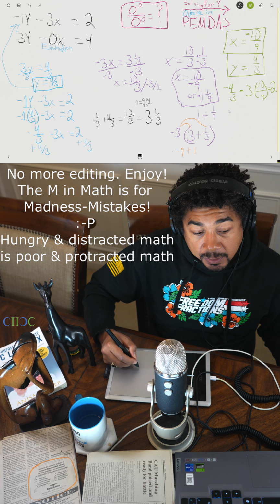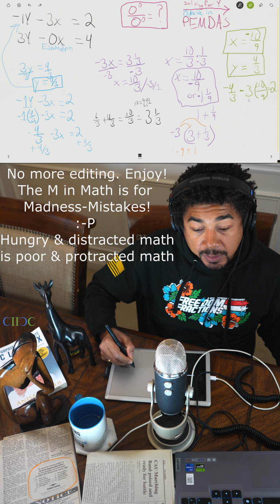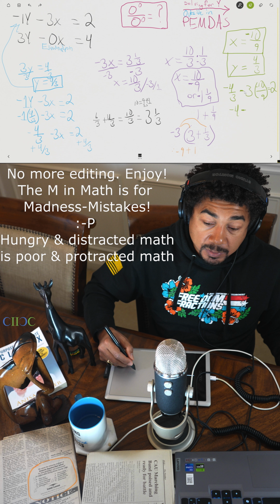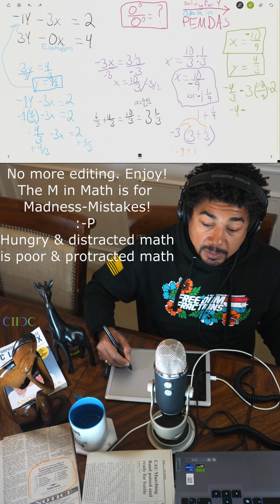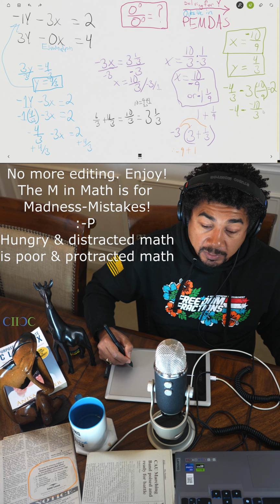But again, a negative 4 over 3, and here. Okay, no, that may not be so bad, because that's going to simplify to a third, because 3 over 9 is a third, and then that's still the negative 10 over 3.